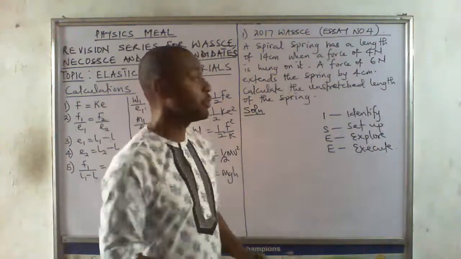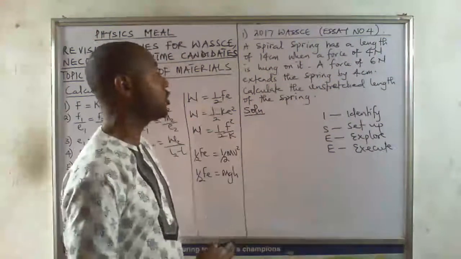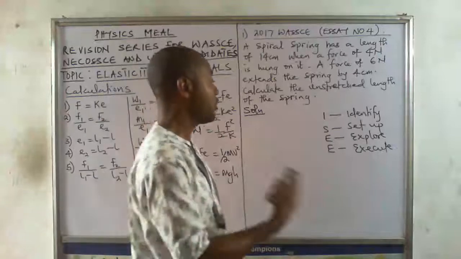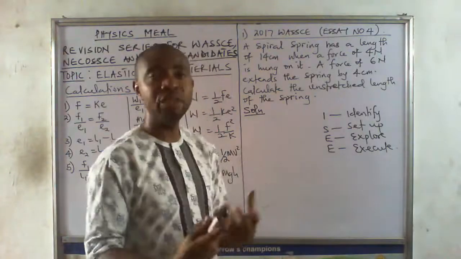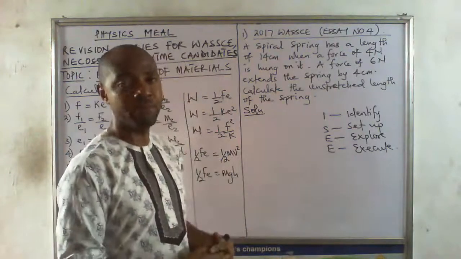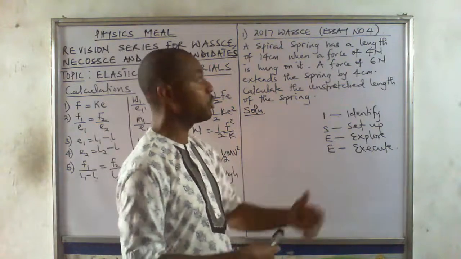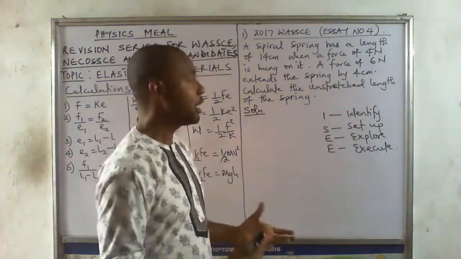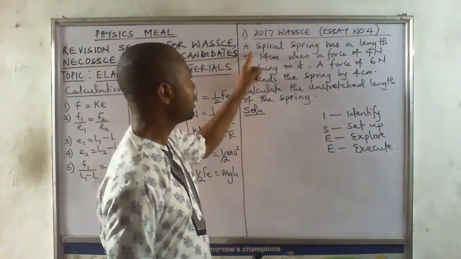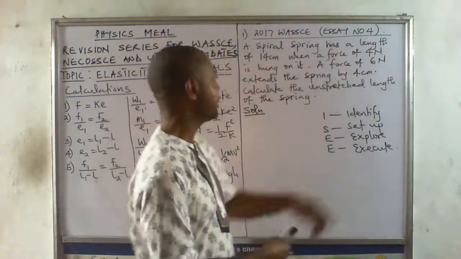That's the first thing you have to do. Then after the identification, you set it up. Setting it up means using appropriate symbols to represent those quantities.